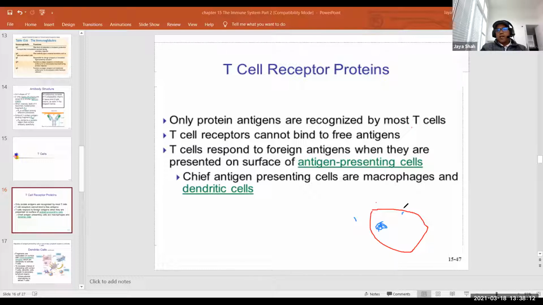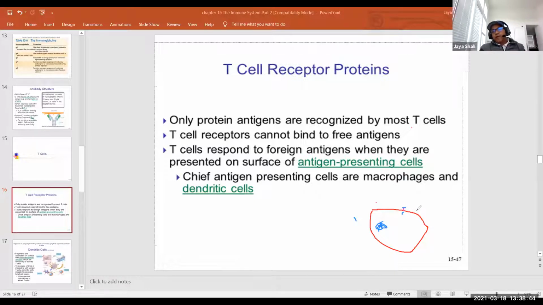Let's see, this is the glycoprotein, another color. And then the blue thing. What is this blue color? The bacteria. The bacteria, good. So their protein now, this bacterial protein, is exposed on the red thing.